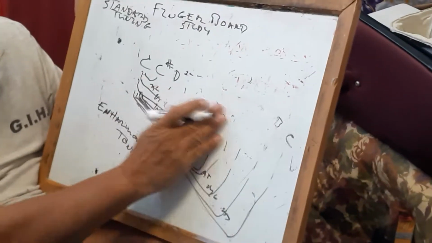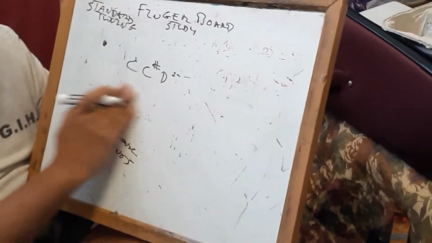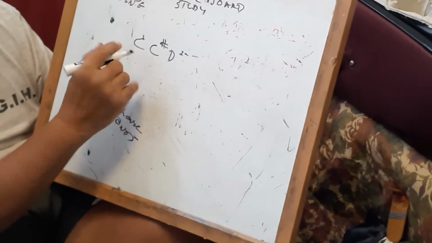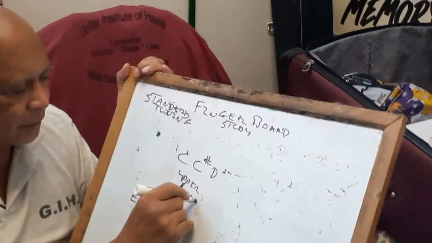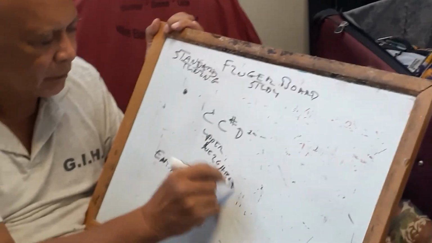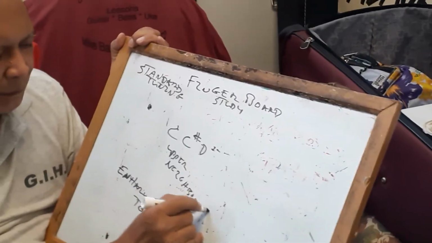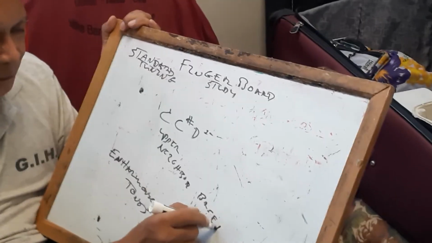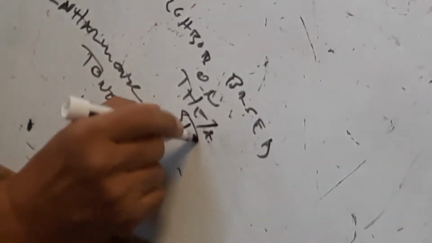Erase all this. Get the meaning. So I'm moving on the chromatic scale. From C to C sharp, this is called an upper neighbor. This is based on a starting point.